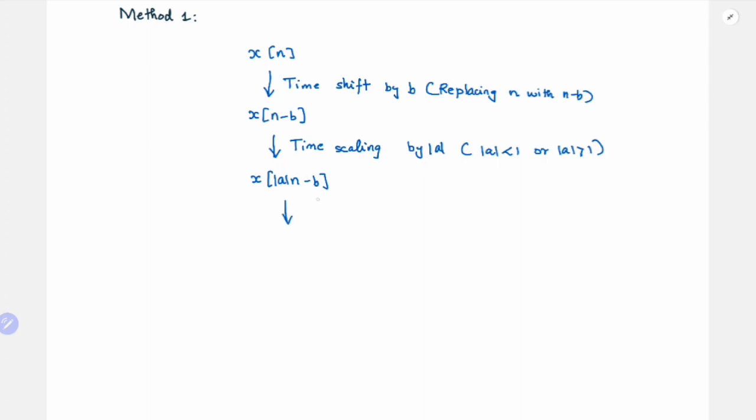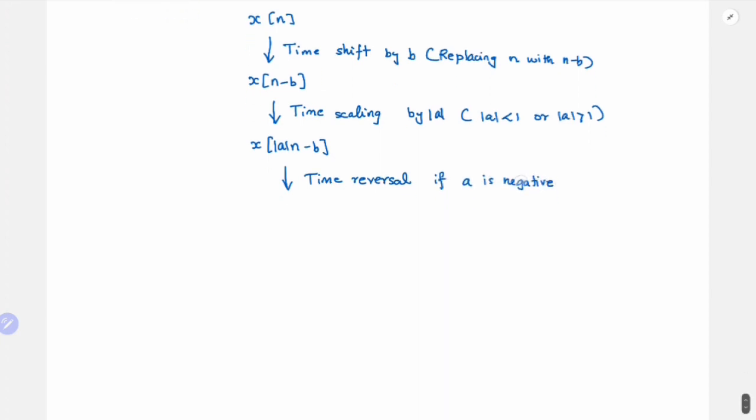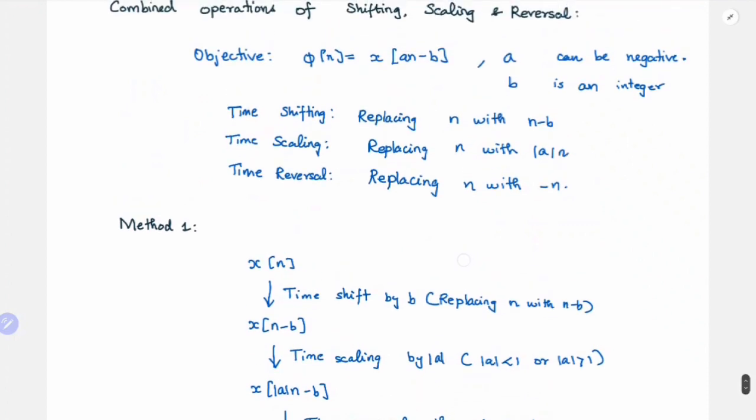So then I do the time reversal only if a is negative. So then I will get my original signal, right? Whatever I require, x of an minus b.